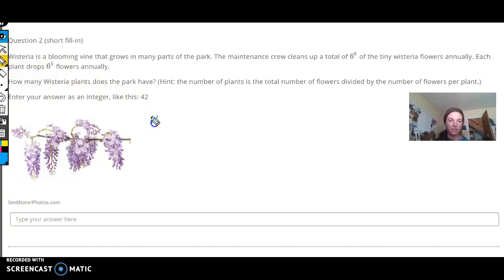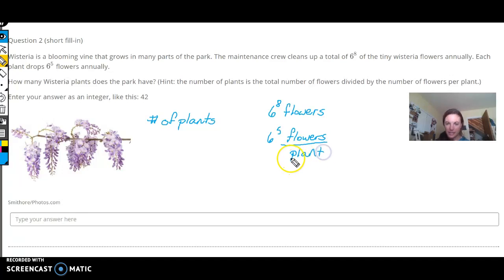We have 6 to the 8th flowers, and we have 6 to the 5th flowers per plant. This right here, plant, is what we want to have in the numerator.